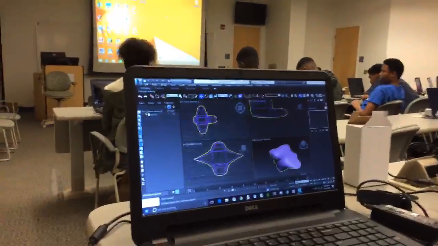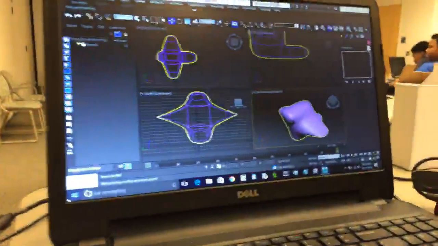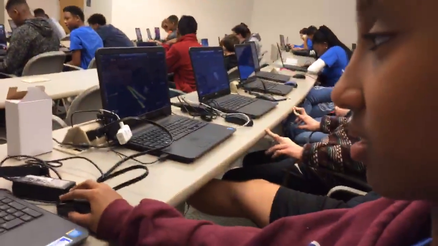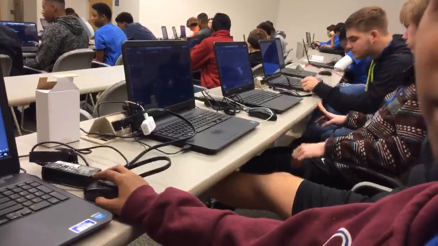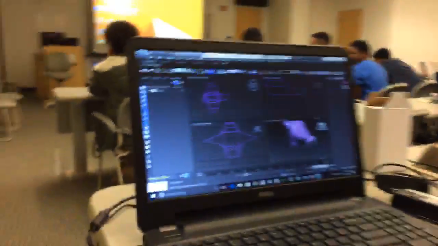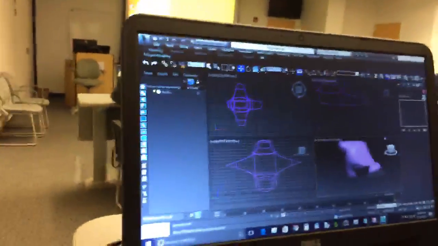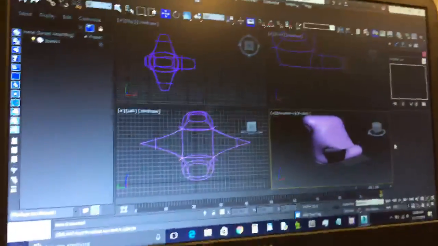Tell us about what we're looking at here. Well, this is the spaceship after it was modified with the smooth modifier. Okay. And these are your different views and how to look at it. Now, rotate that for us.